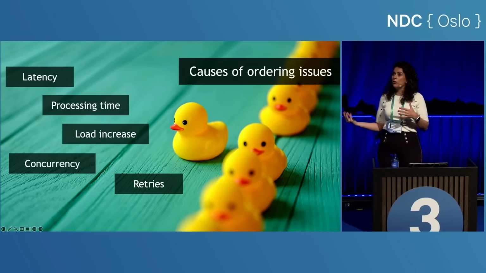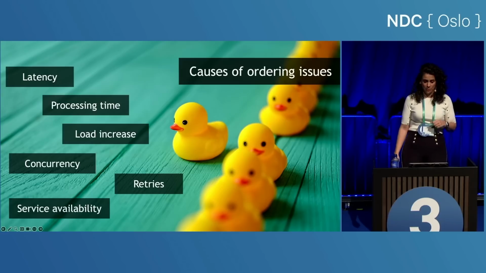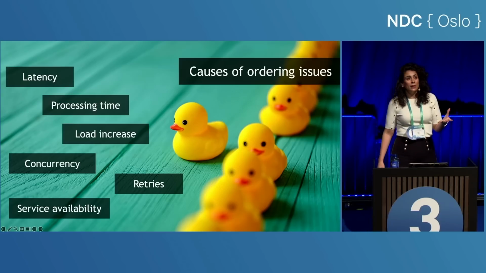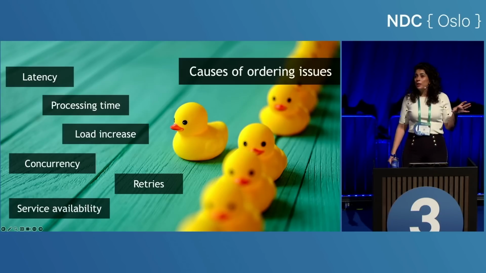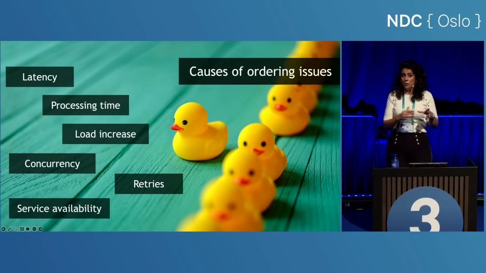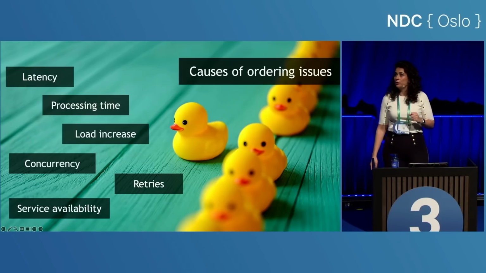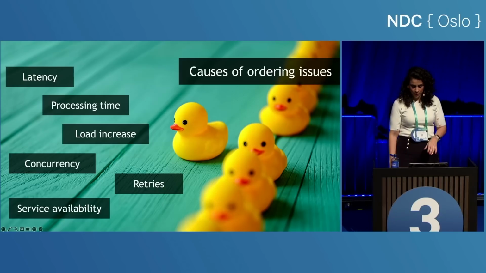You can continue retrying when failures occur. But that's also going to slow down things and cause that out-of-ordering issue sometimes. And finally, if one of your services becomes unavailable, that's fine, all of those messages will pile up. But again, this can also cause out-of-order messages to appear.